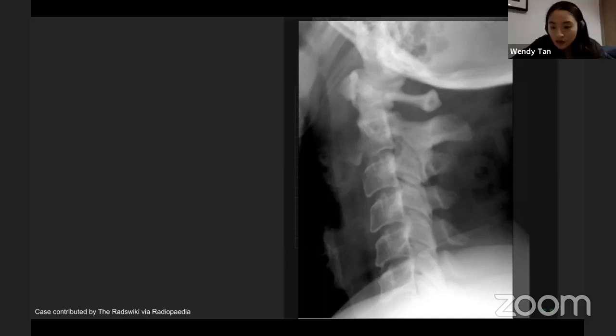So somebody said C3 fracture. Close. It is a fracture. I think this is what you're looking at, isn't it? But it's not C3. Have another go.